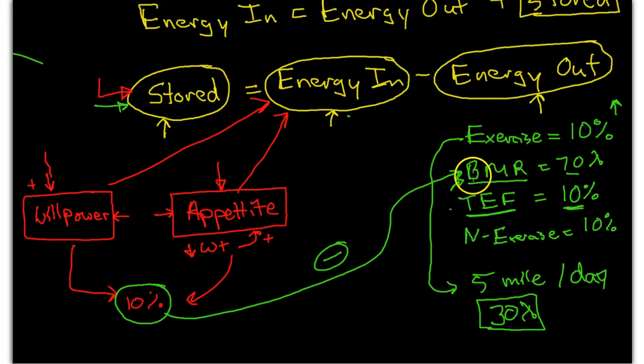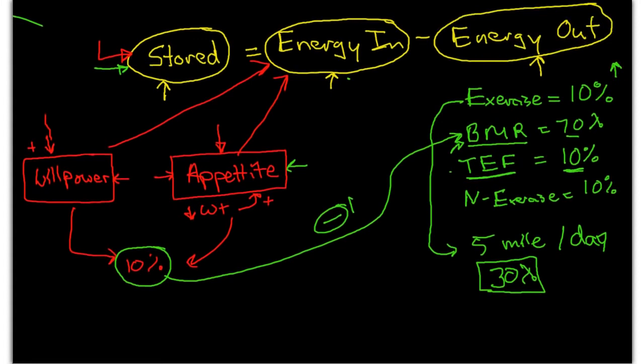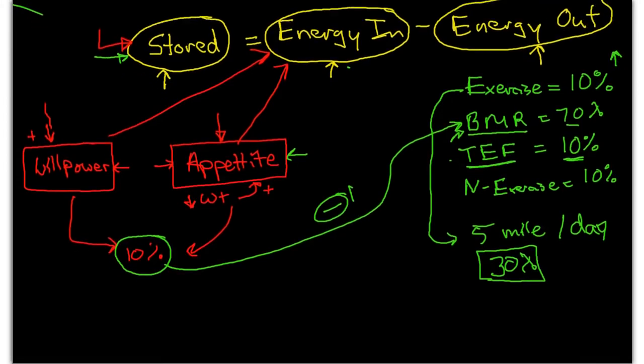And the body, again, is actively fighting against weight loss, will fight against it by decreasing basal metabolic rate and increasing appetite. So again, I just want to say that the major takeaway here is weight loss, if it were easy, if it was as simple as eating less and exercising more, then we would all be walking around thin.